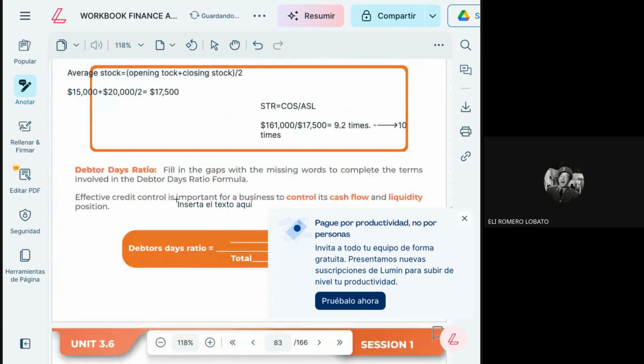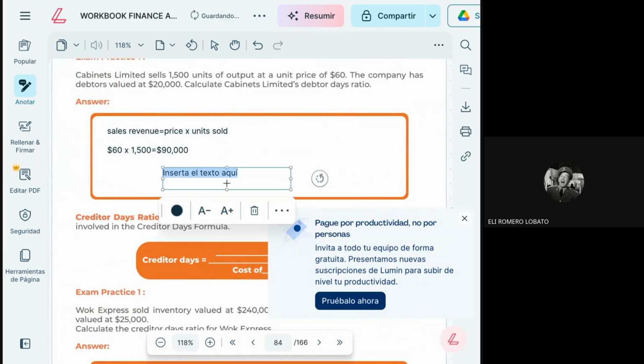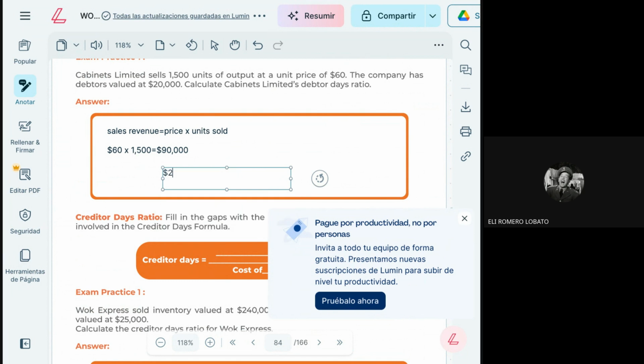Remember the formula, okay? We are going to substitute it. We are going to use the 20,000 because it's the debtor's value over the total sales, right? Over, and that is by multiplying the price times units sold.